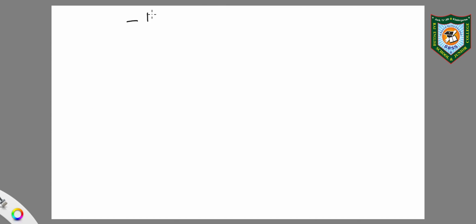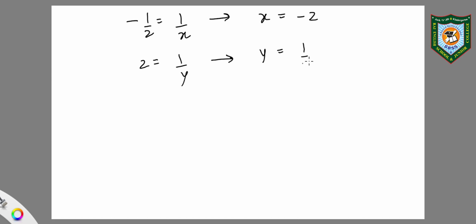So minus 1 by 2 is equals to 1 by x implies x is equals to minus 2, and 2 is equals to 1 by y implies y is equals to 1 by 2. So my solution for this equation becomes x comma y is equals to minus 2 comma 1 by 2.